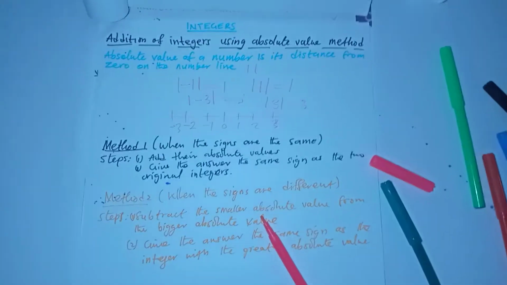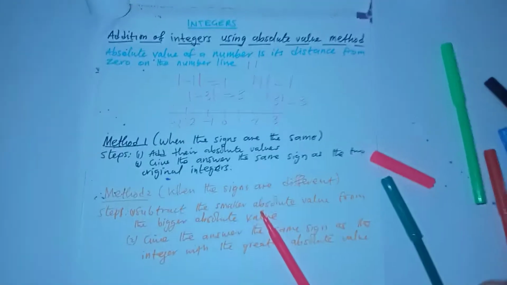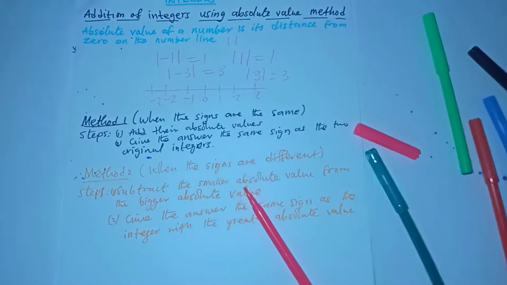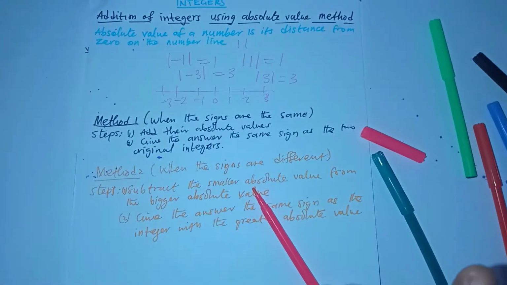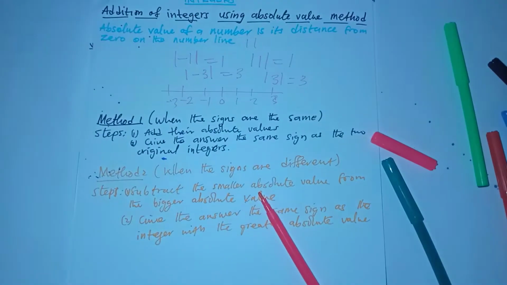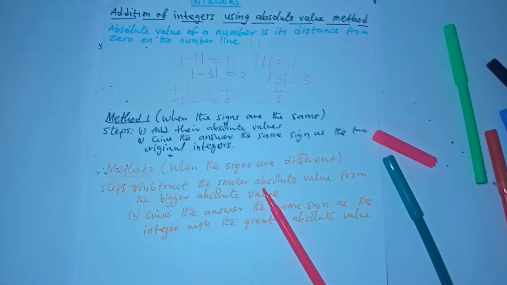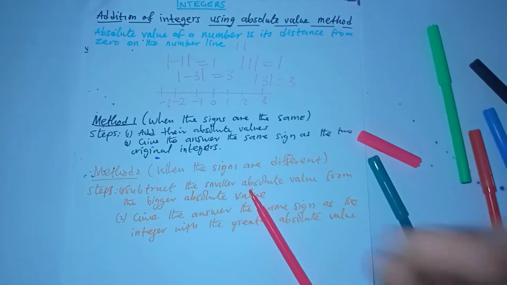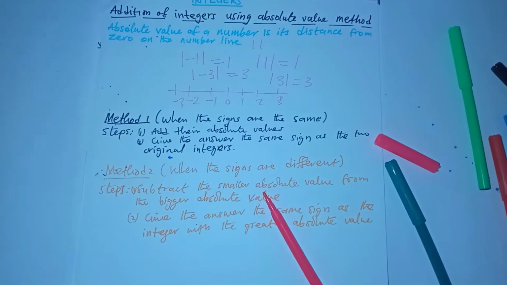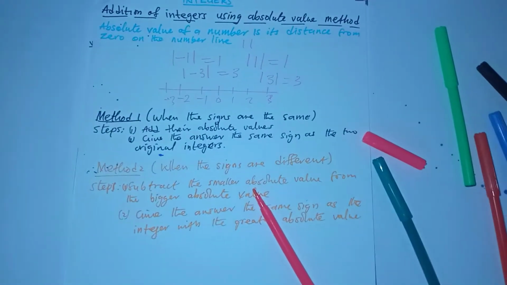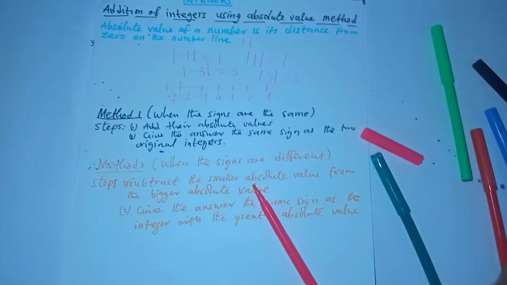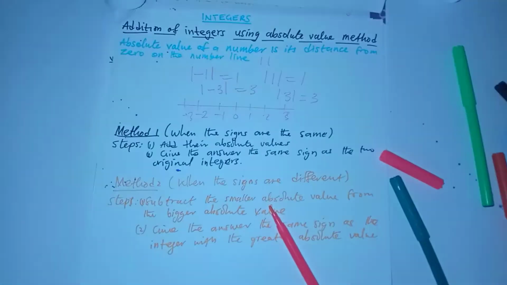So with this, we also have two methods. Method 1 is when the signs of the two integers or three integers you want to add are the same. When the sign, that is -1 plus -5, same sign. -10 plus -2 plus -6, they are all negative.